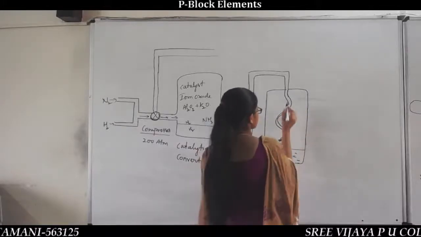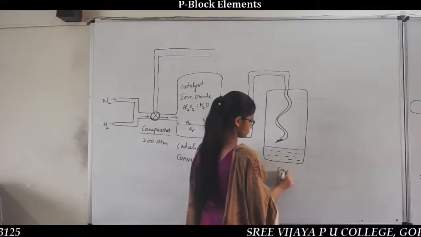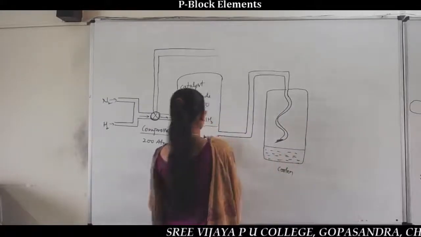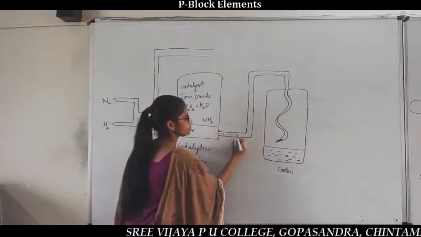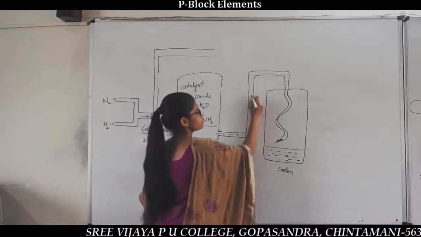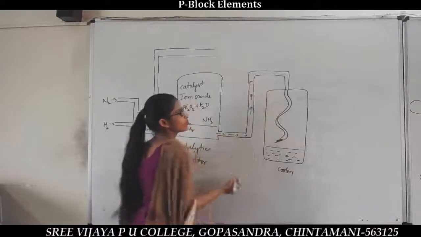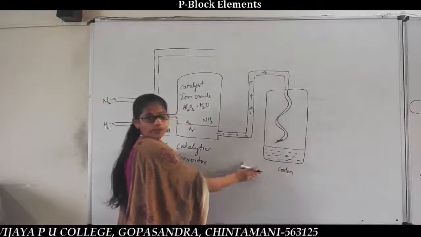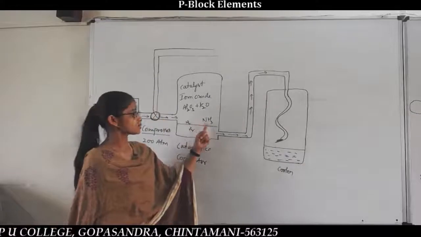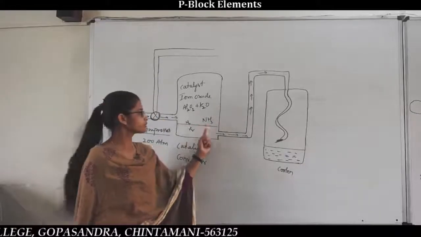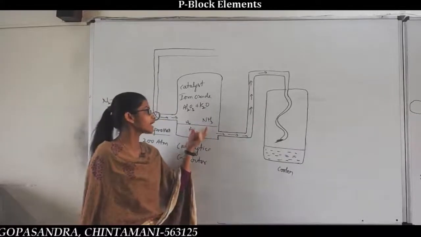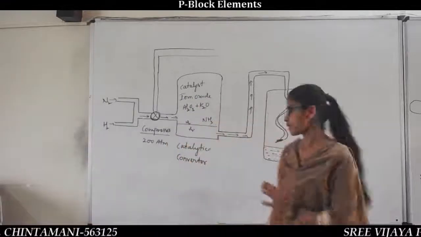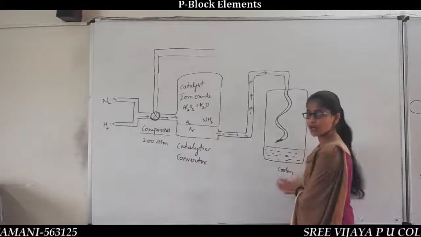So this is called a cooler. Hydrogen and nitrogen, along with the ammonia, are passed through it. This is called a cooler. Again, it is also one of the chambers called a cooler.